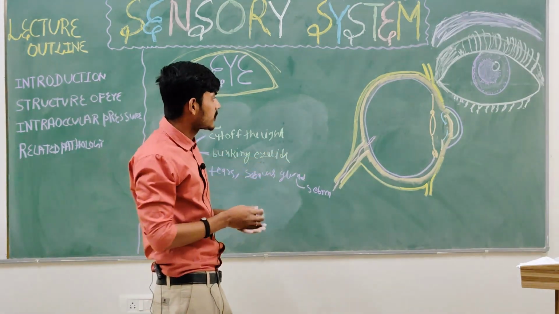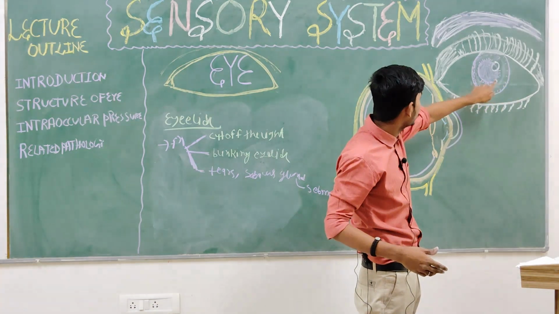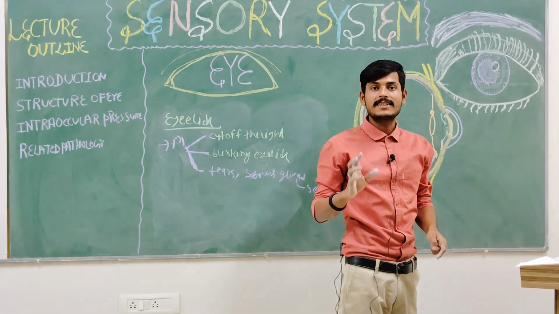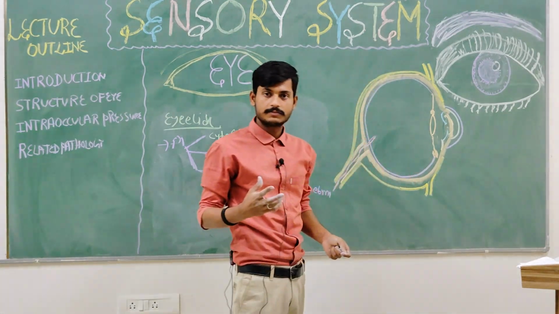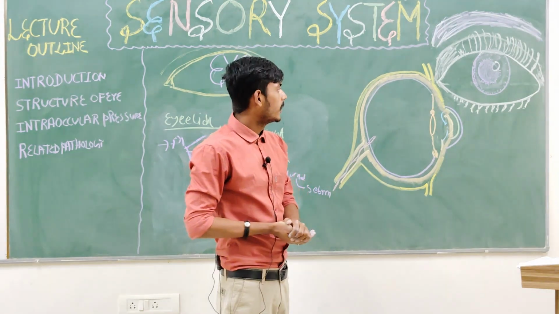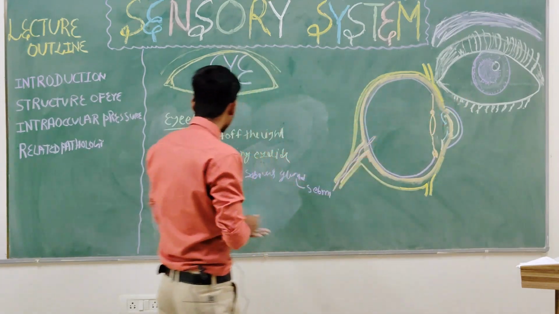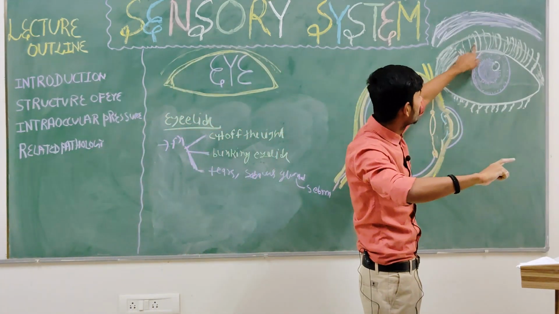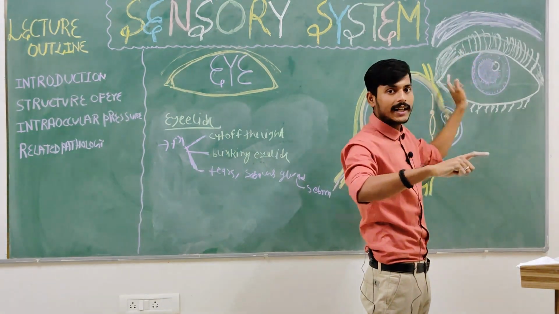Second thing is, if something comes in the eye, later on in this lecture we will study that this portion that's called the cornea is very sensitive. It's very sensitive towards the light as well as pain and temperature. So its sensitivity relies on the function of the eyelid.